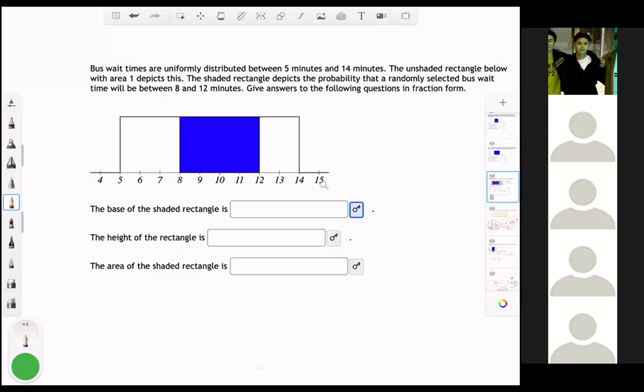Yes. All right, so the base of the shaded rectangle. This is a shaded rectangle, correct? We can make a picture.